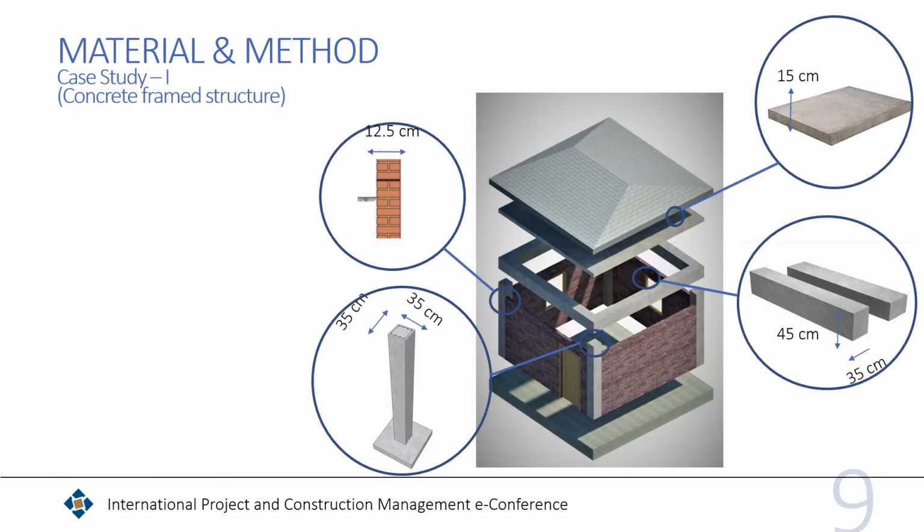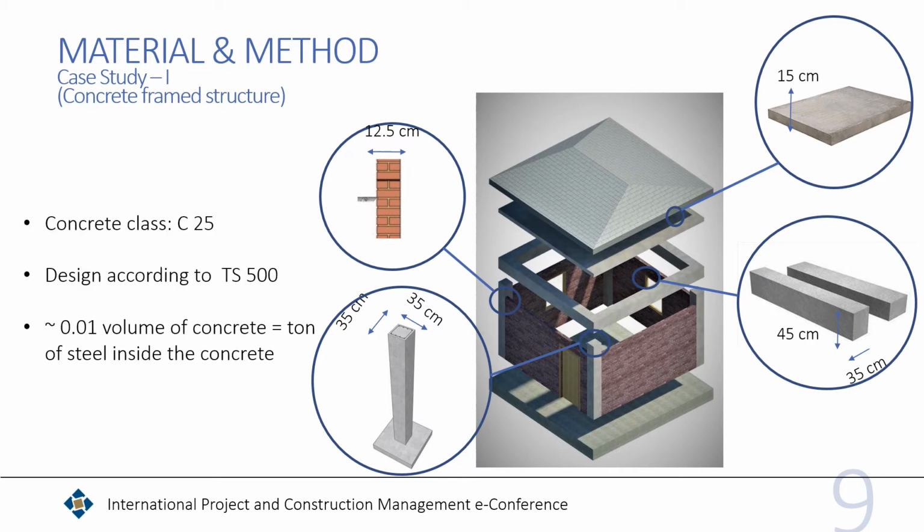In case study 1, the structure is designed with concrete according to Turkish standard No 500, and a live load and dead load of 2 kilonewton per square meter is applied. A two-way concrete slab with a height of 15 cm is assumed for the ceiling.